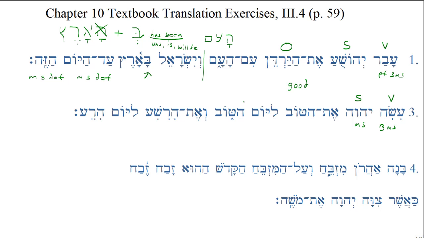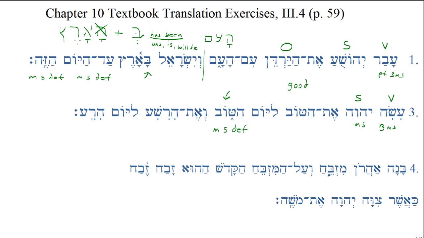Now we need to analyze tov here. Is it being used as an adjective or a noun? It's potentially modifying yom, and we notice that the adjective here is masculine, singular, and the definite article is telling us that it's definite. And so for it to be used as an attributive adjective with yom, yom also has to be masculine, singular, and definite.